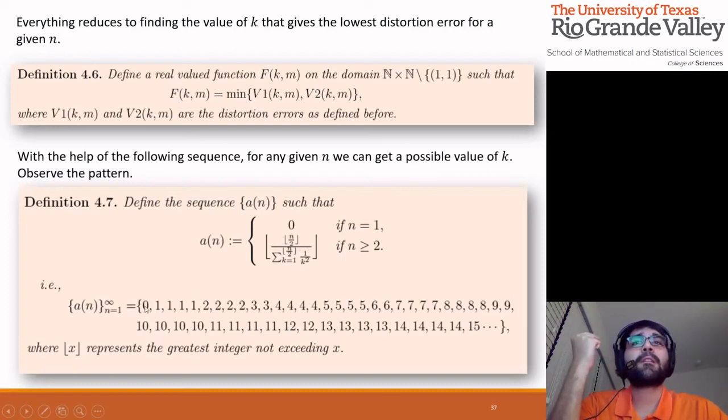So this is when n equals 1, 2, 3, 4, 5. The initial guess for n equals 5 is that the k, remember what is k? k is the number of quantizers between 0 and 0.5. So here this means that the initial guess for k is that we're going to have one quantizer between 0 and 0.5.